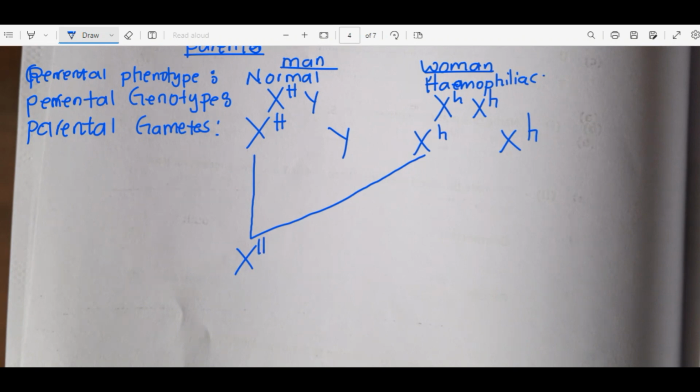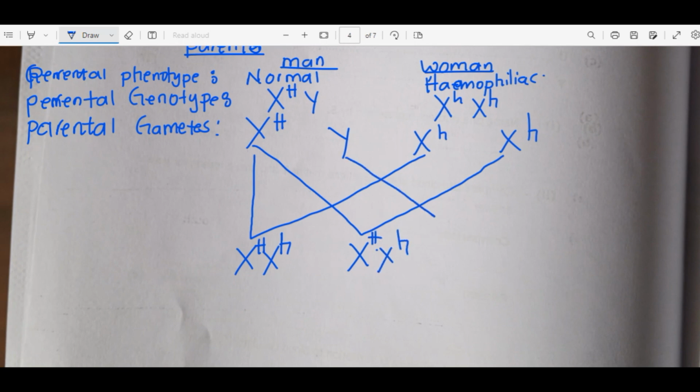So we have XH Xh. This one is telling us that they had a chance of having a girl who is a carrier. Another one, we have another carrier. Here, they have a chance of having a male who is sick.